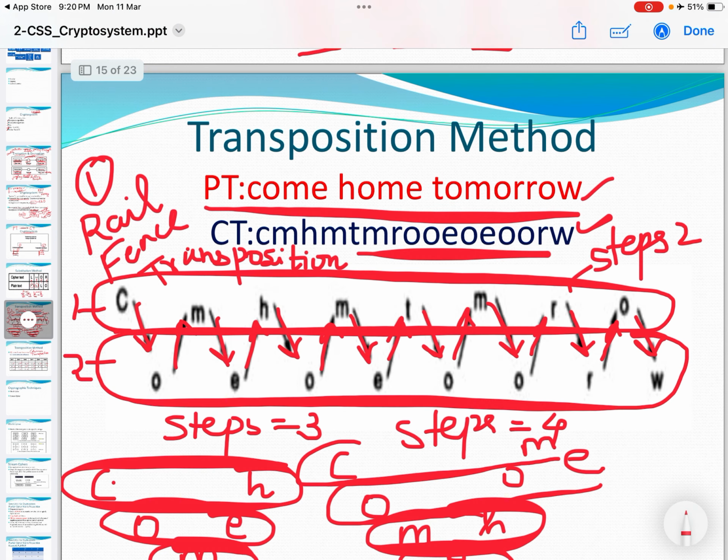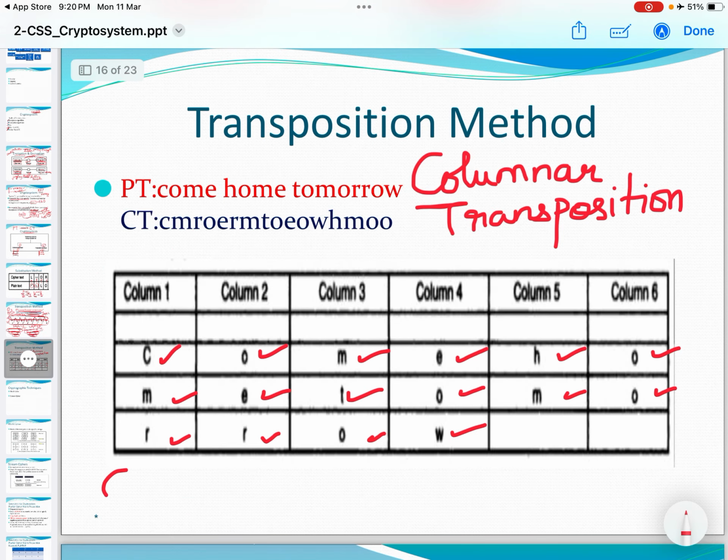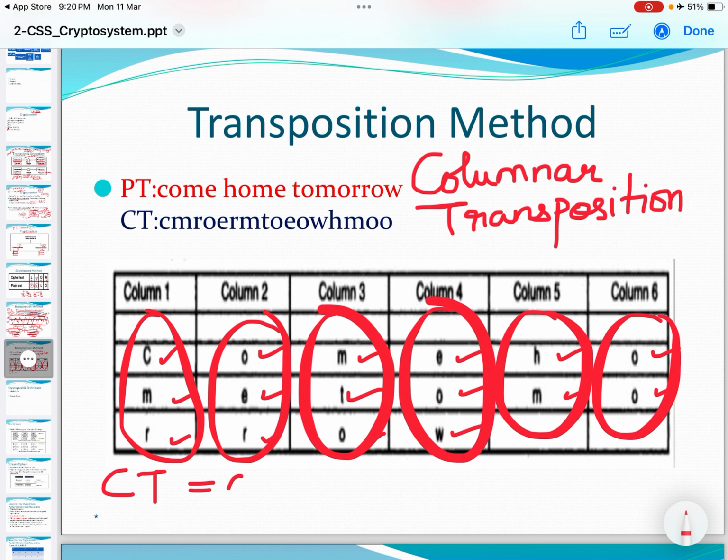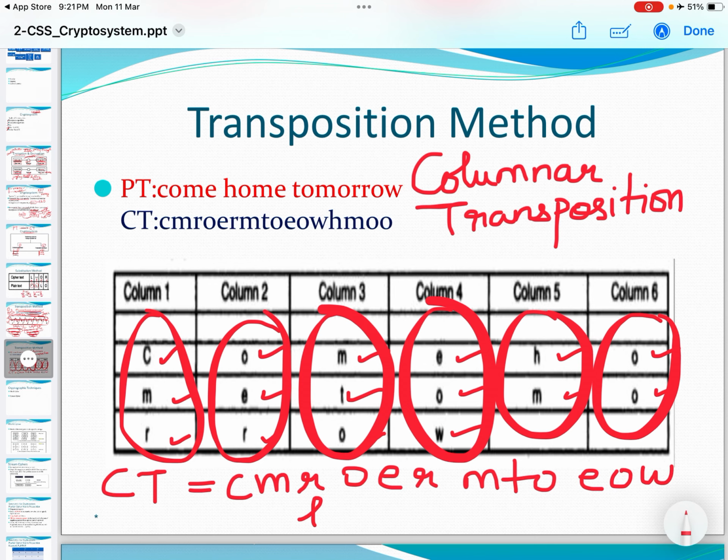Now, in rail fence, we were reading it row wise. The cipher text was read row wise. Here the cipher text will be read column wise. Therefore, it is called as columnar transposition technique. So cipher text will be CMROERMTOEOWHMOO. This is the way we have to do the transposition techniques.